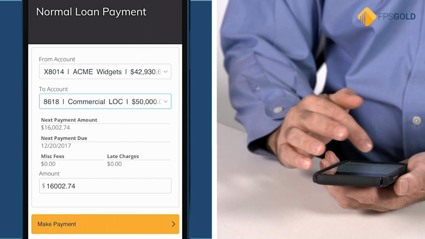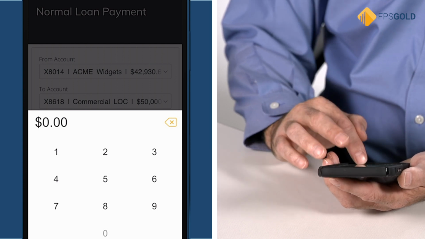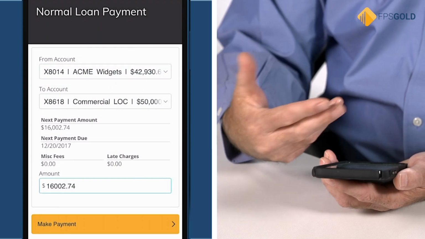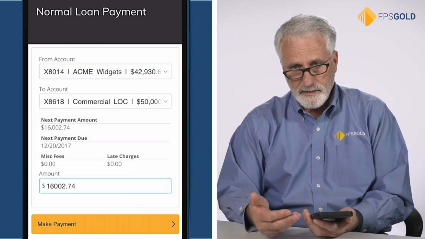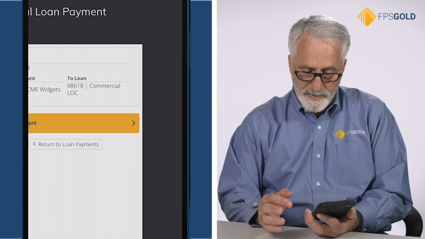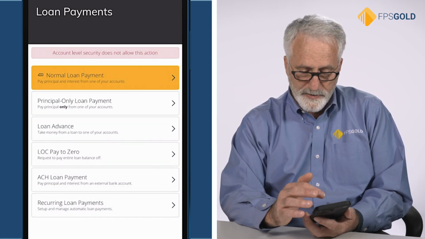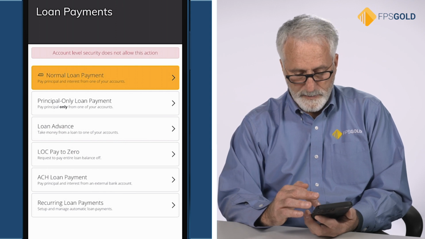If there are additional fees or additional costs, then I can come in and customize the dollar amount, or else we pull in the current next payment amount. Then I can process the payment. If it all looks good, it'll perform the transaction and give me that immediate feedback.